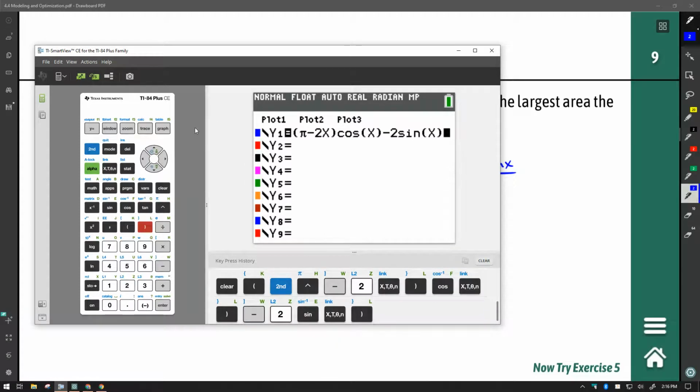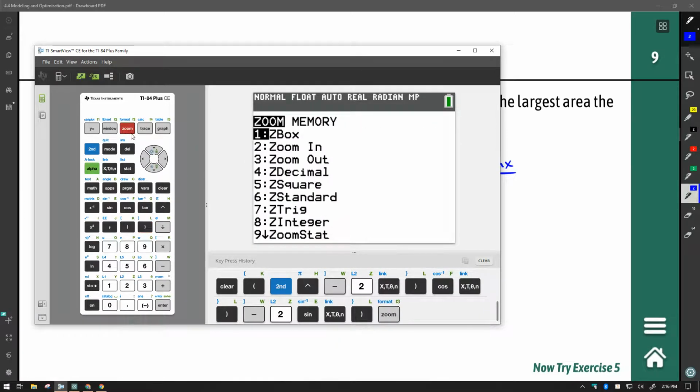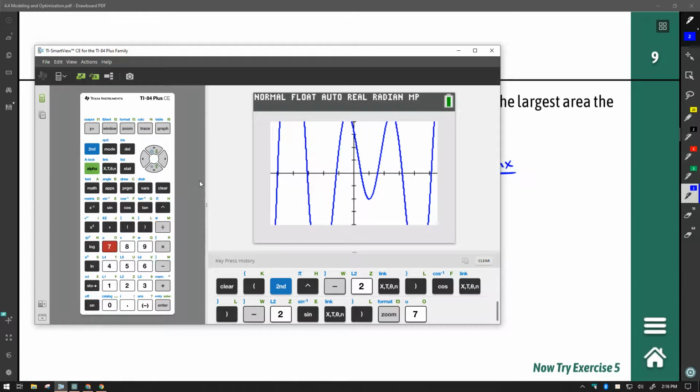So let's go to Zoom and see if we can find it. Let's try Zoom Trig to start, option 7. Interesting. So this is not as enlightening as we would like for it to be because there are a lot of x-intercepts here.